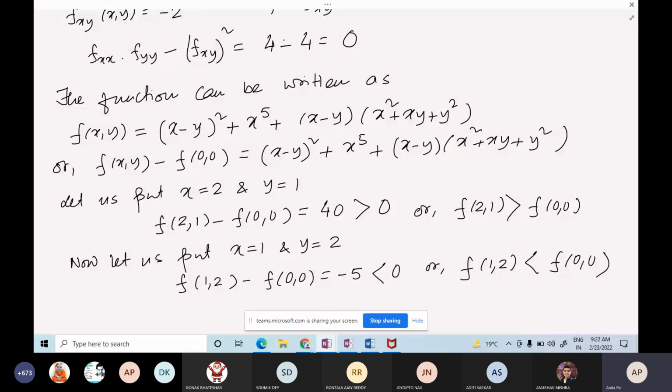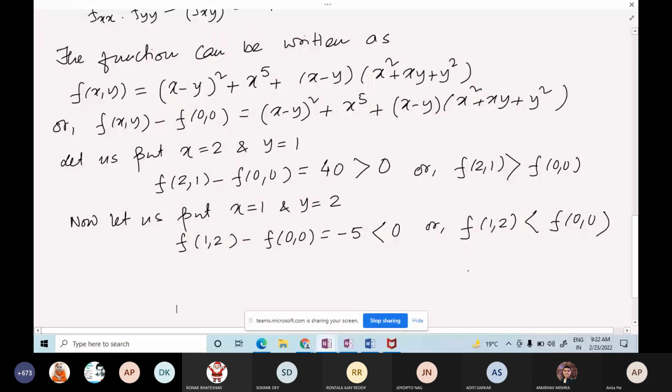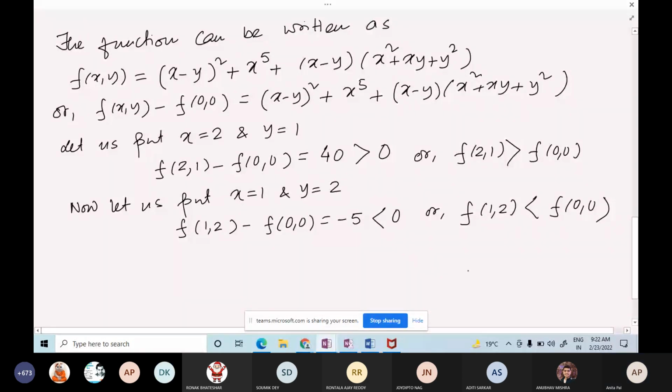It can neither be a maximum point nor a minimum point. Therefore, (0, 0) cannot be a minimum. Is it clear how we came to this conclusion?